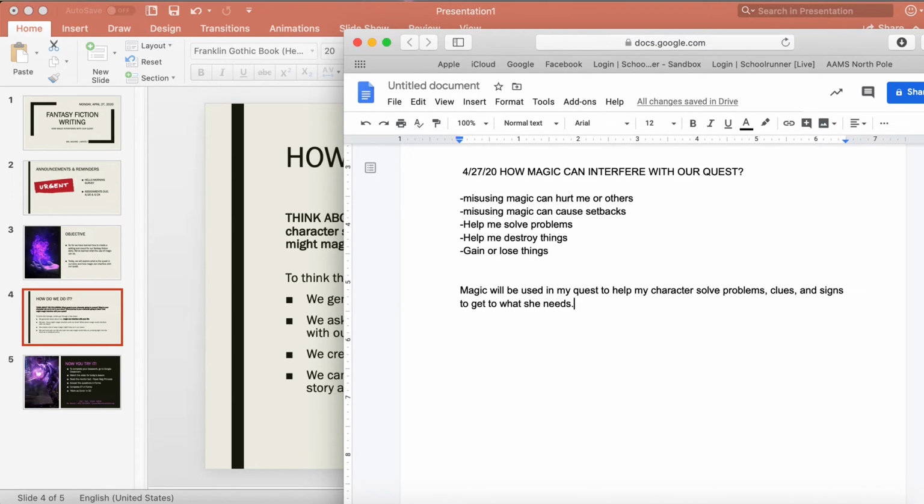Now, if you're writing a dystopian type story, meaning if you're writing a story that involves some type of social or political unrest, there's poverty, there's drugs or crime and violence in your land, and you want to solve it, or you want to make it all go away, then you may not use magic in your story.